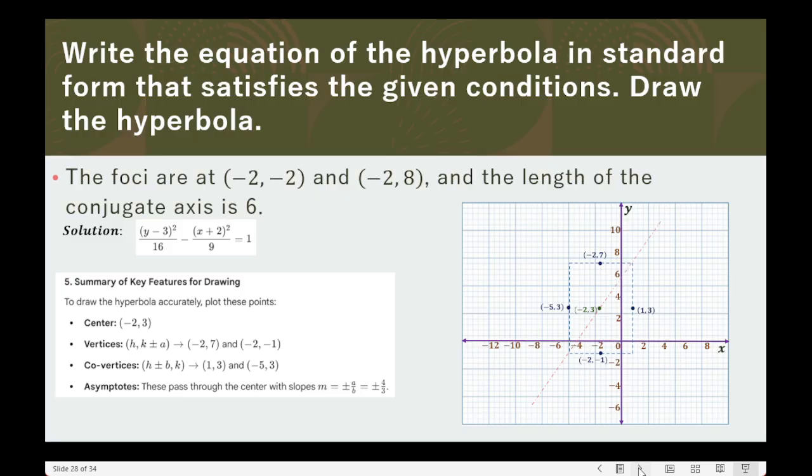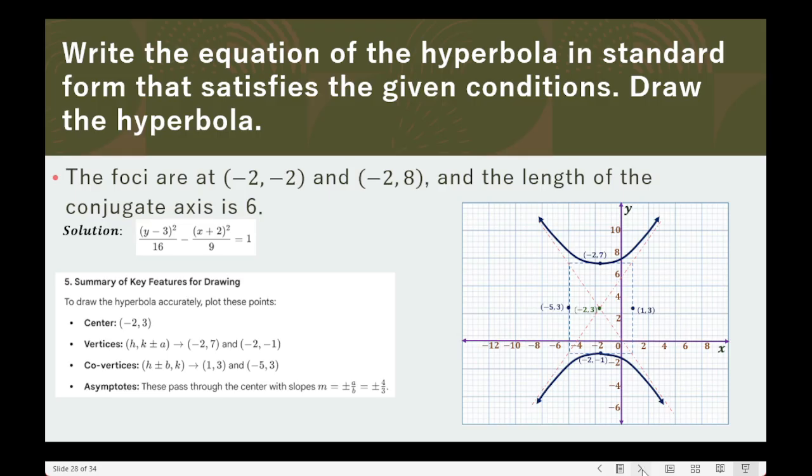Then draw two diagonals, or two asymptotes, passing through the corners of this rectangle. And then you now draw the hyperbola from the vertices, like this. Make sure the curve you are drawing will not touch any of these broken-line asymptotes. And this is your graph.